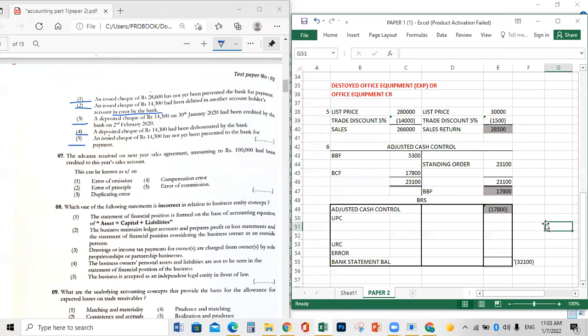Unrealized check. Very good. Guys, see, you have deposited on 30th Jan, but it is only credited by the bank on February 2nd. That means when it comes to January, the business has already recorded it, but the bank hasn't recorded it yet.